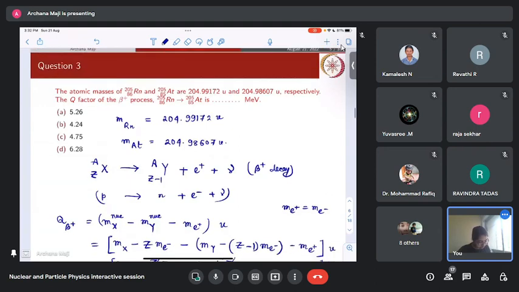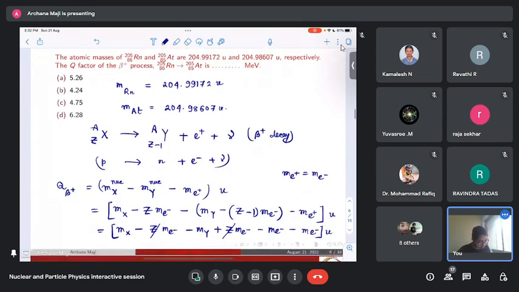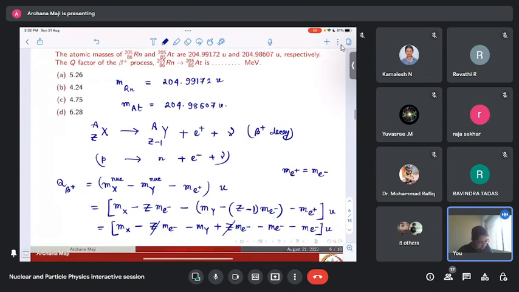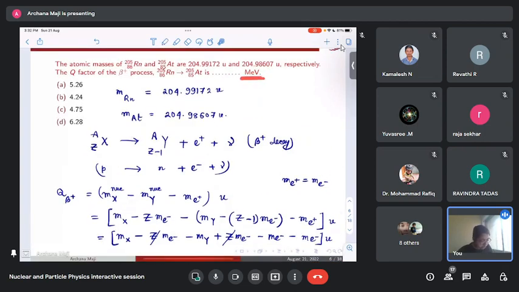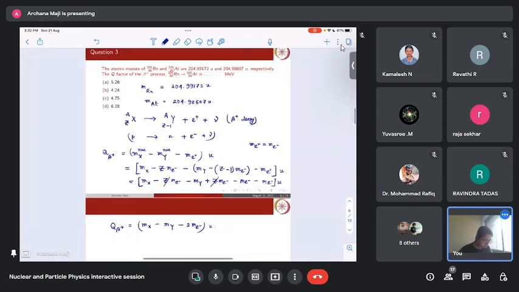And here for us X is radon and Y is At. So these two masses we will be using, and we have to find the answer in MeV, so it's better to convert all these atomic mass units to MeV and then substitute.